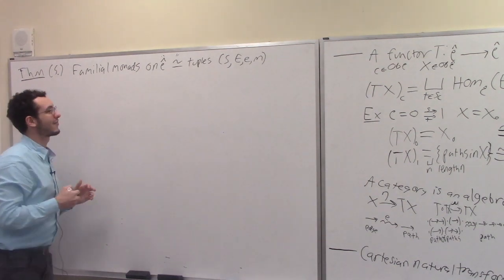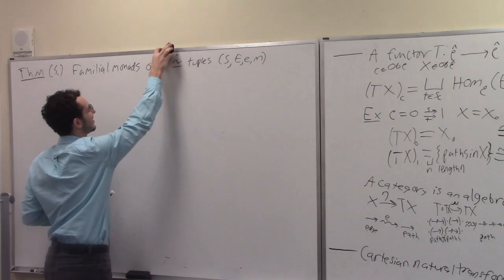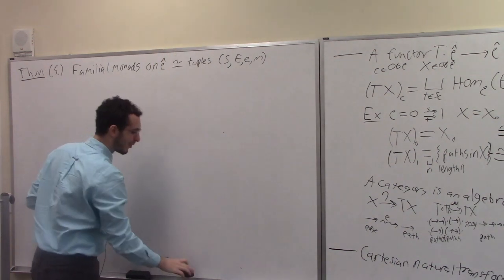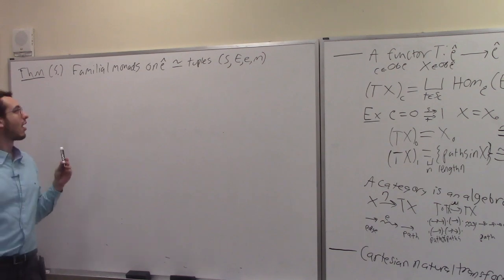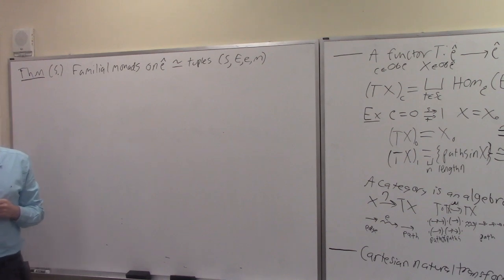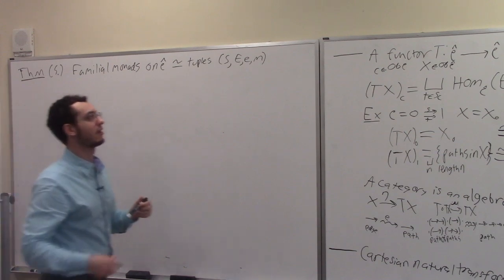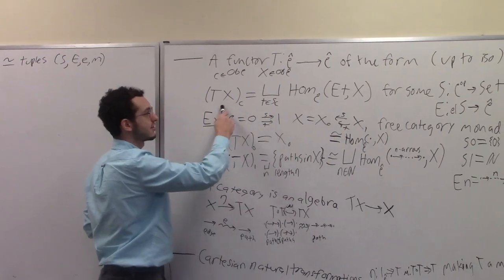And so this got me, you may not see it coming thus far, but proving this result ended up getting me interested in polynomials. Because if you try to prove this directly, which shouldn't be that bad, right? We have S and E. S and E give us the functor.